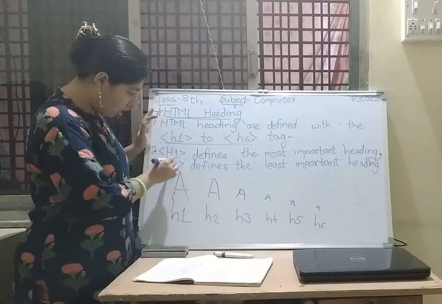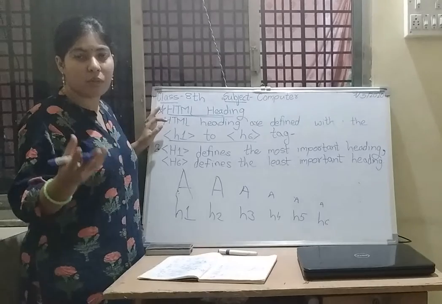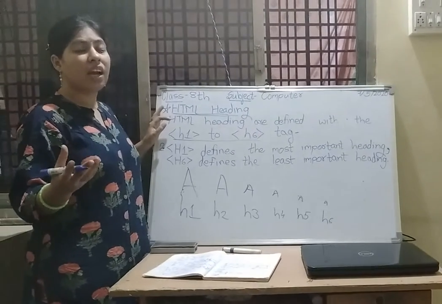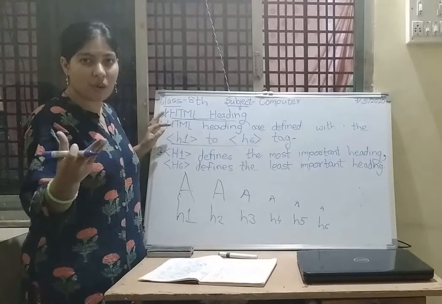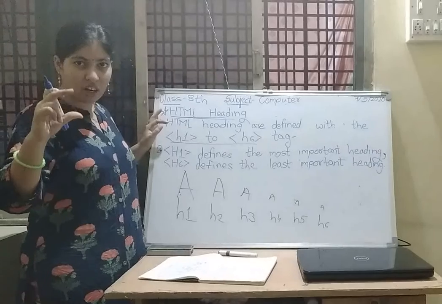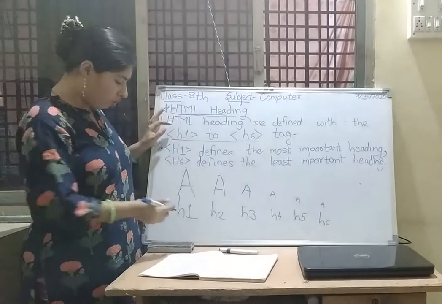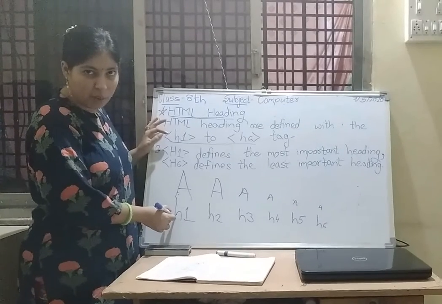The H1 defines the most important heading. The most important heading, we can say like your textbook name. Here our textbook name is Information Technology. Its size is very much larger than the chapter name. So we can say that it can be an H1 type of heading.